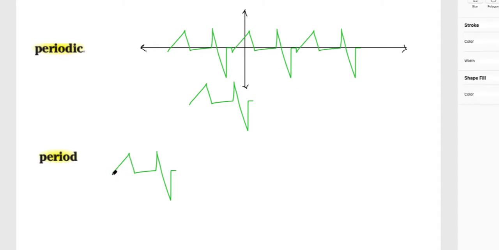So if, for instance, I'm looking on this graph and I am saying that from the beginning of the cycle to the end is like, let's say this was 4 and this was 8, I would say, oh, a whole cycle would take 4 whatever units of x I'm dealing with. So 4 minutes, seconds, whatever, for a period of 4 after we go through 4 different values on the x-axis. All right, so that's periodic and that's period.